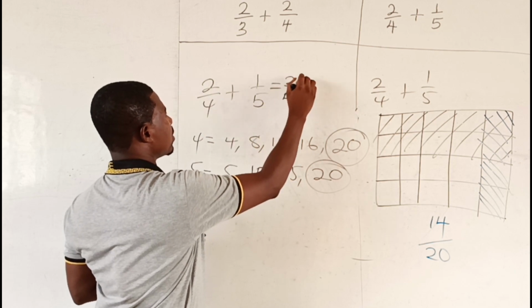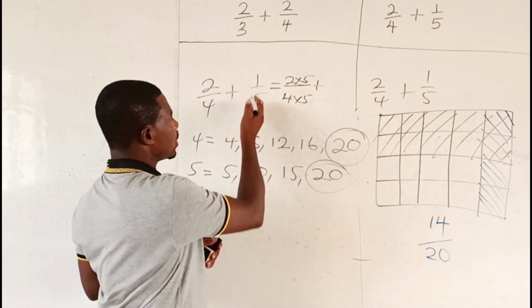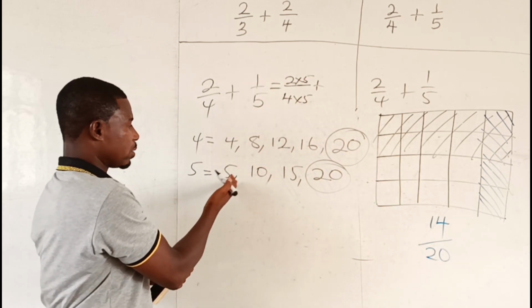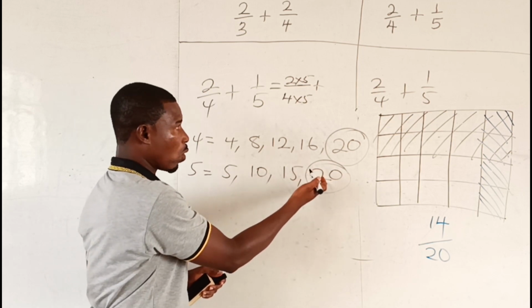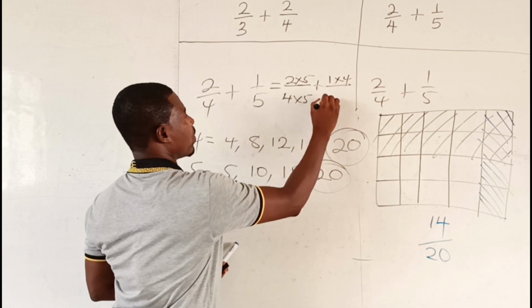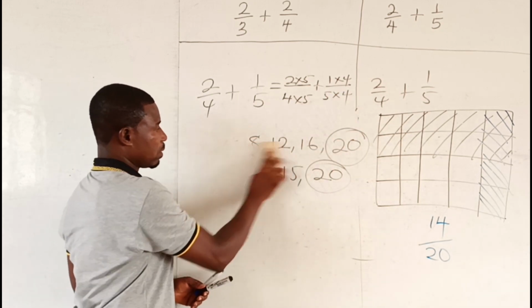We do the same thing here, 2 times 5. Plus, we have 1 here. Now, how many steps? 1, 2, 3, 4. So we come here 1 times 4 and 5 times 4. So let me clean this.